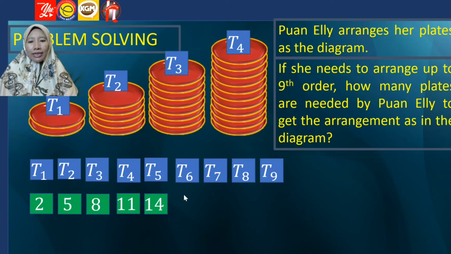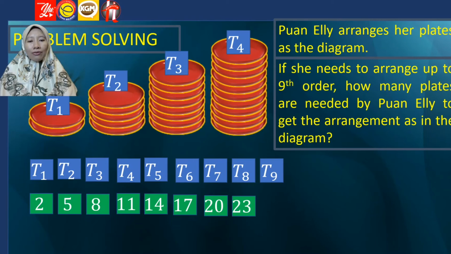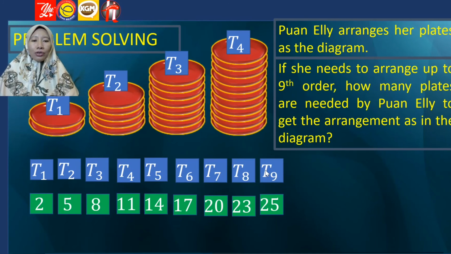So to get T6, we just add 3, and then T7 you add 3, you get 20. T8 you add 3, you get 23, and you add 3, you get 25. So terms number 9 will have to have 25 plates.